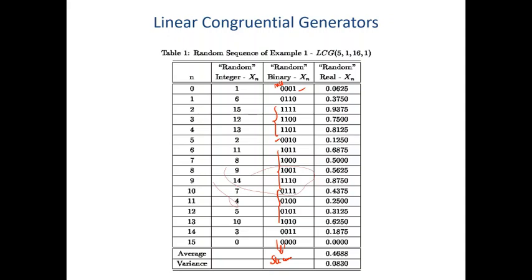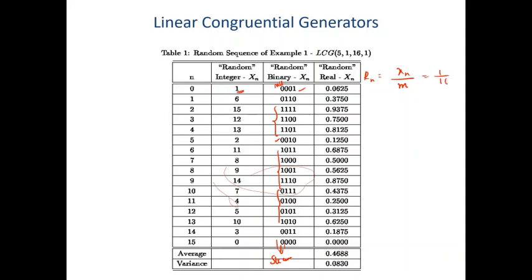Okay. And the next column is about computation of the random number Rn. I told you, how are we going to find that random number Rn? Rn is defined as xn divided by m. In this case, xn is 1.